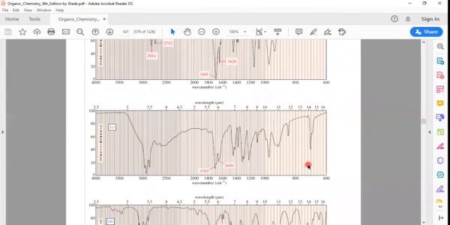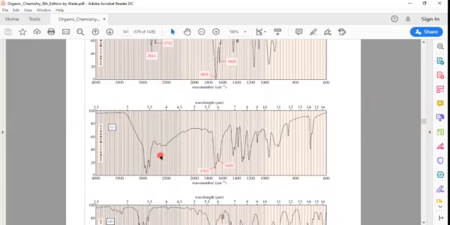Now this one, and you can see this broad absorption. You can also see this absorption here, but also here, this one carbon-carbon double bond, this carbon-oxygen double bond, and this hydroxyl group.